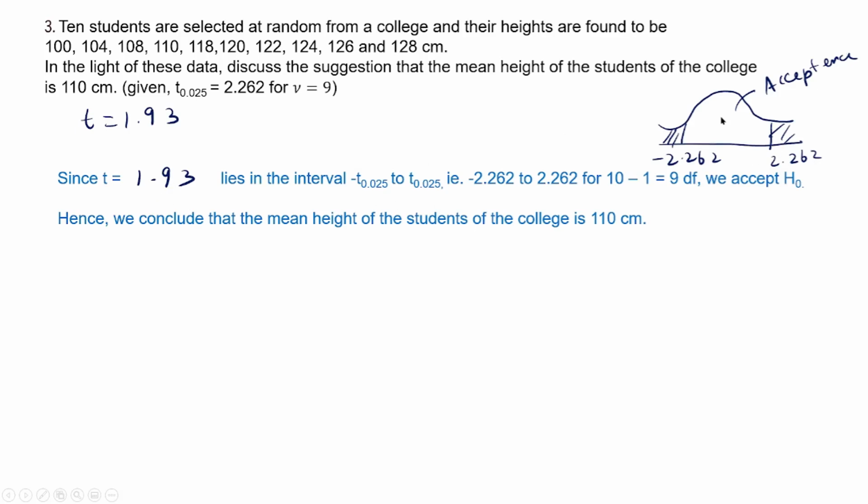Here 1.93 lies in this interval, so we accept H naught. Hence we conclude that the mean height of the students of the college is 110 centimeter. So we can conclude that this suggestion is true.